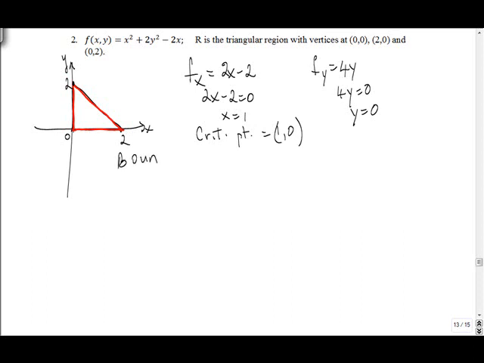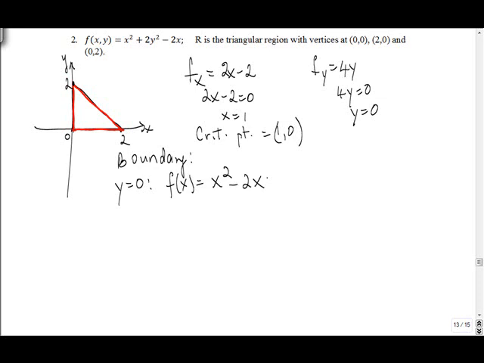Boundary. So this horizontal line is the x-axis. So it's y equals 0, sorry. We have to do x equals 0 as well, but that's okay. So take y equals 0 and put it into the function above. So it becomes f of x equals x squared minus 2x.